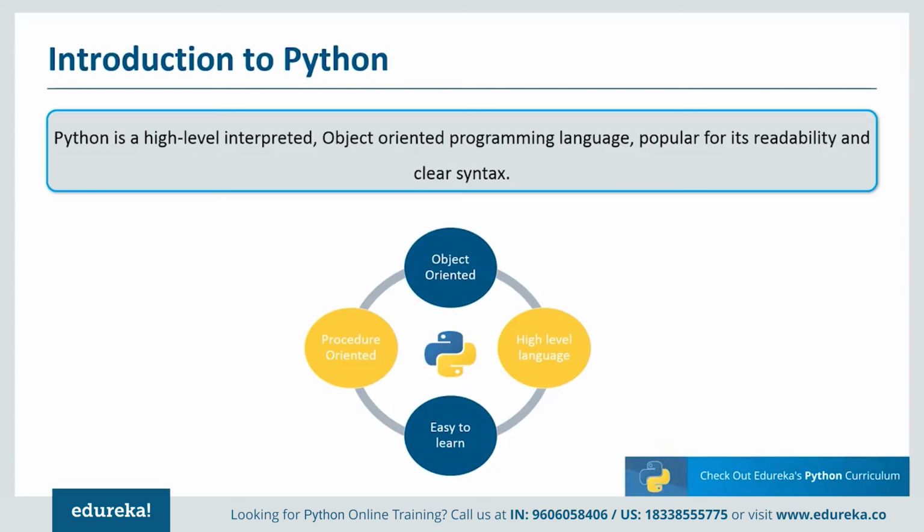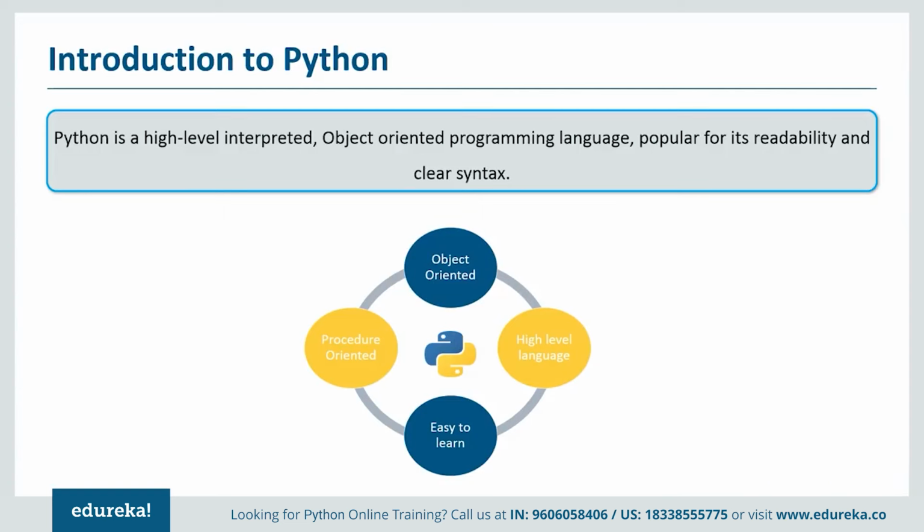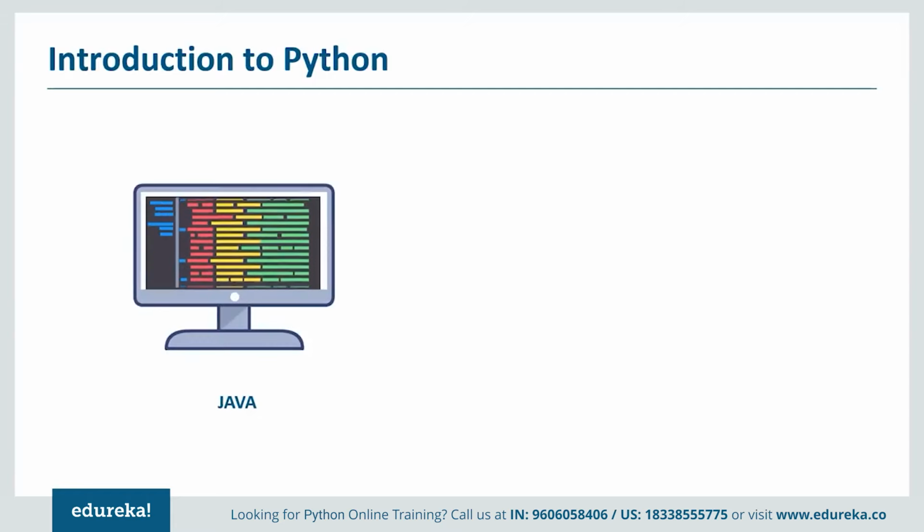It is that easy. We can use Python as an object-oriented programming language, or we can also use it as a procedure-oriented language as well. One more thing with Python is that we can run it on different platforms. For example, we can run it on Windows, Linux, and Mac as well. Now let's suppose you're writing a program in Java and you have to write 50 to 60 lines of code.